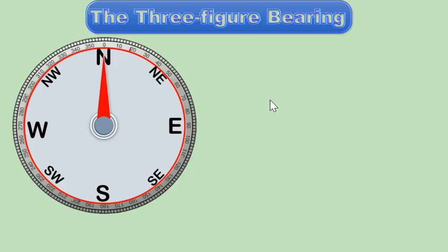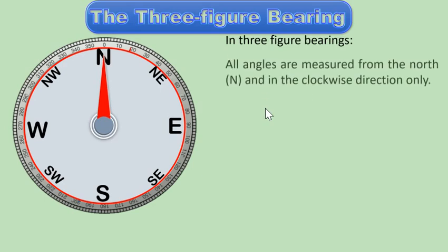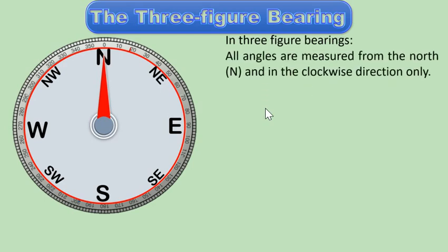Now we're going to look at 3-digit or 3-figure bearing. Remember, we'll look at acute angle bearing. In 3-figure or 3-digit bearings, all angles are measured from the north and in the clockwise direction only.